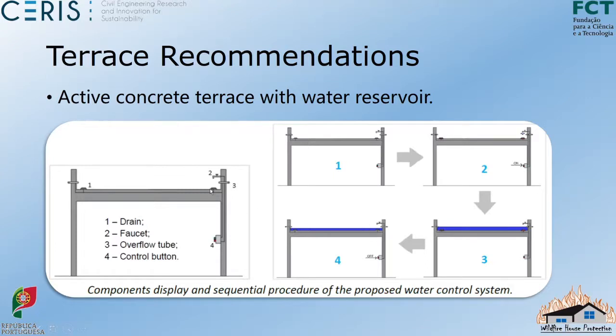Once you know there is a danger of a wildfire near your house, you just open this facade here. The water will start to fill your terrace, like 2 centimeters. I don't even think you need 2 centimeters. 1 centimeter will be enough if you have firebrand projection, which might be the most dangerous aspect of this terrace. If you have the water here, the firebrand will fall in the water and it will be extinguished. You will have no ignition.